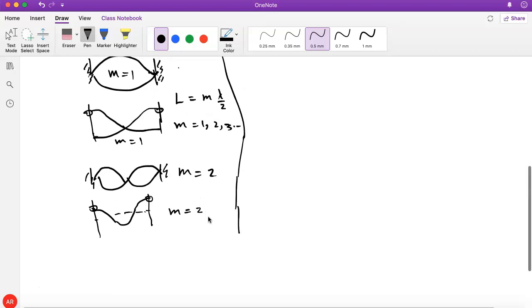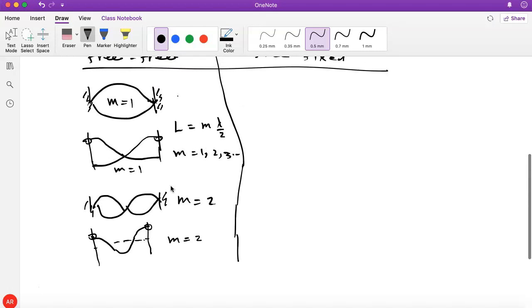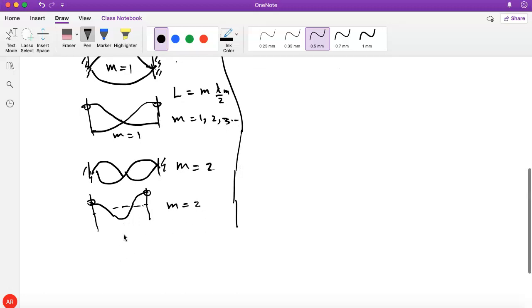So we find the same expression for our allowed wavelength. Let's call them lambda m. The wavelength depends on this integer m. If we solve for the frequency, lambda m times f m is v, the speed of propagation, so f m becomes v over lambda m.